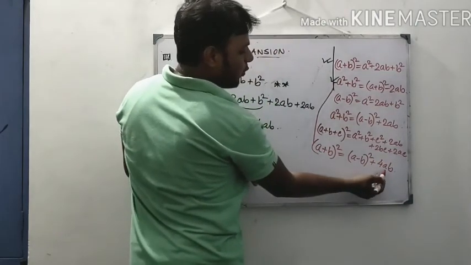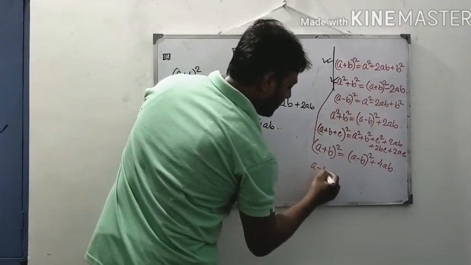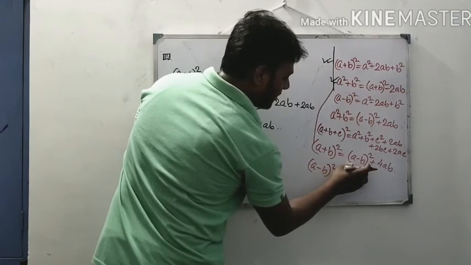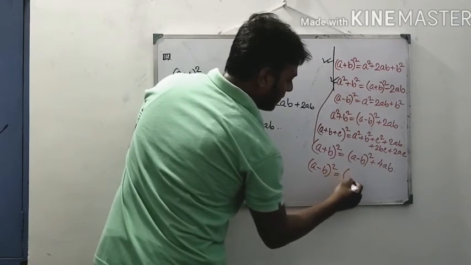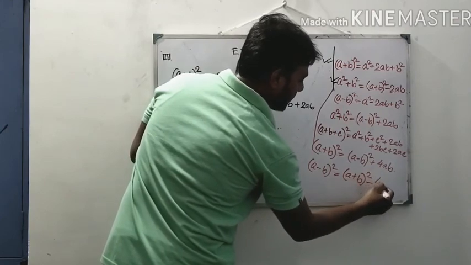Similarly, if we move this 4ab term to this side, then again we get (a - b)² = (a + b)² - 4ab.